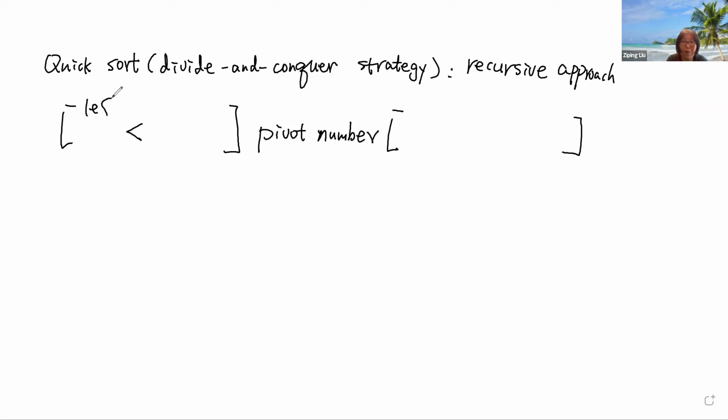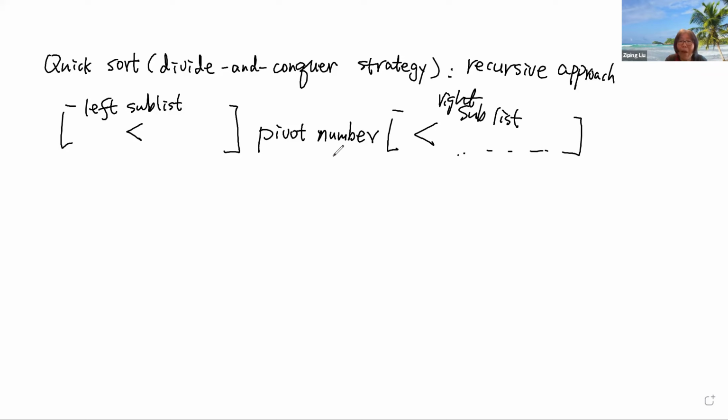We call it the left sublist. All numbers in the left sublist must be less than the pivot number, but they are not sorted yet. And all the right ones are greater than the pivot, so this is the right sublist. All of the numbers on the right side are greater than the pivot number.